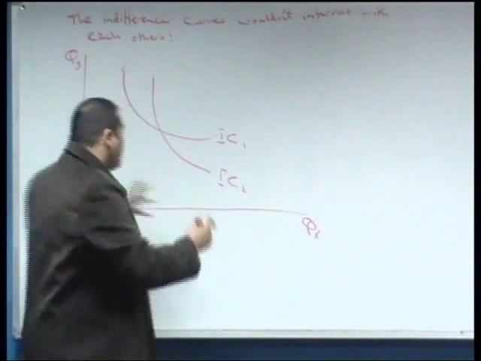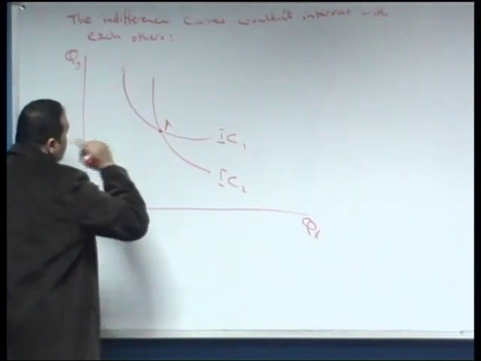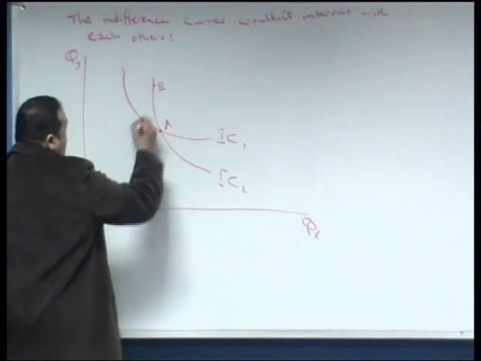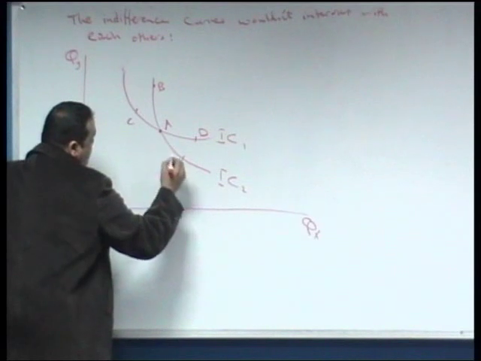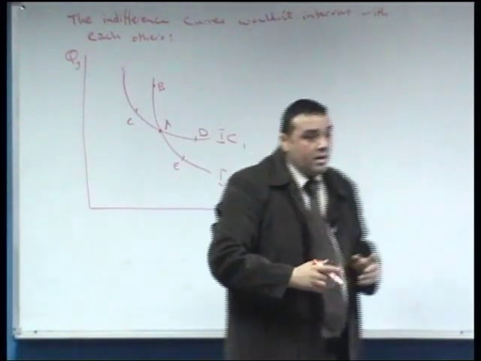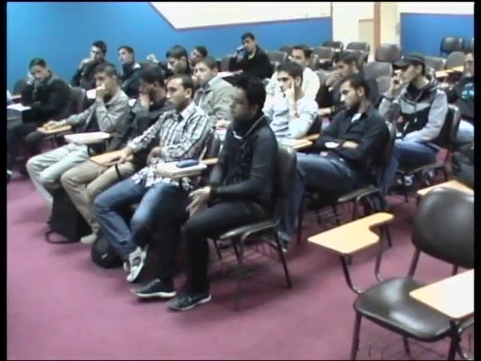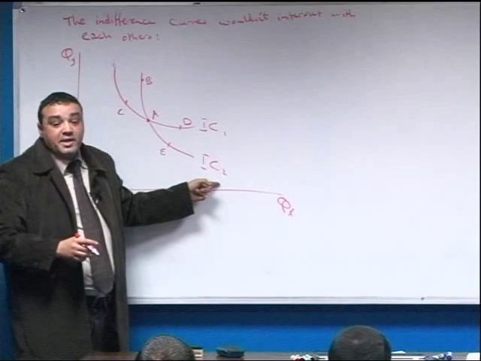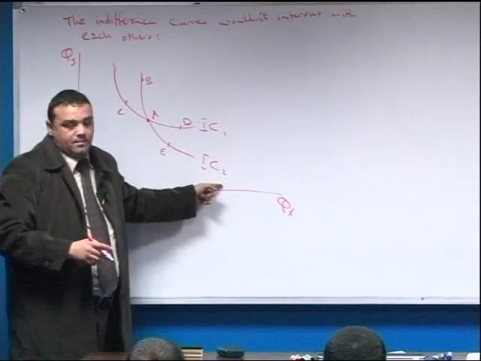Why? Suppose this is point A, B, C, D, E. As you know, each point that lies along indifference curve 1 are equal. They will give the consumer the same utility.